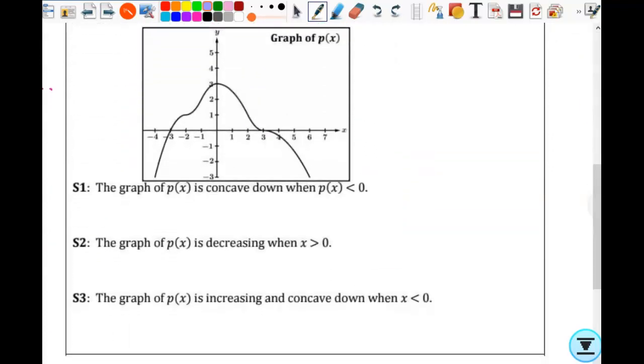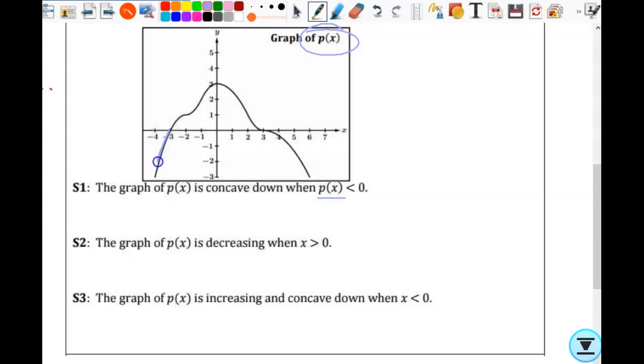So the graph of P of x, this one's called P of x, it's labeled for me. It says it's concave down when P of x is less than 0. So what does P of x less than 0 mean? What is less than 0? Y. P of x, just like f of x, remember f of x means y. The function values are less than 0. Those are always your y values.